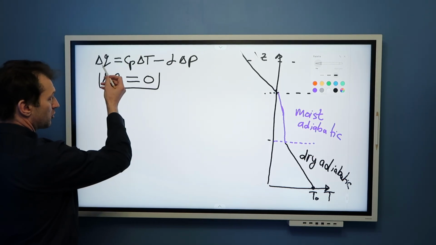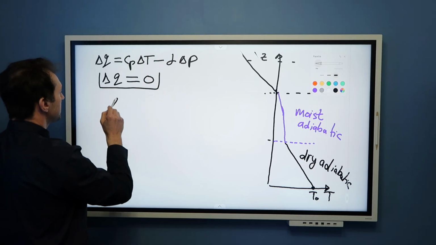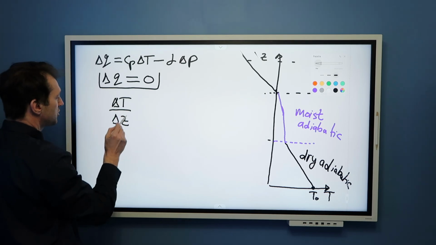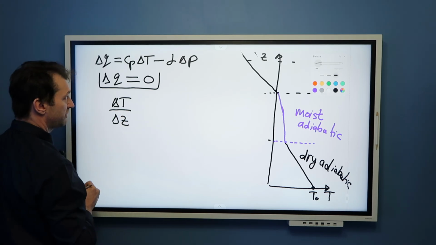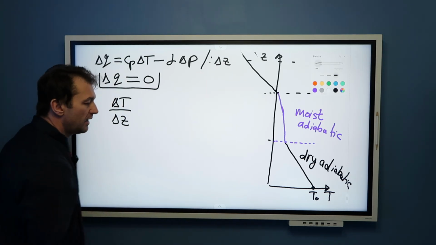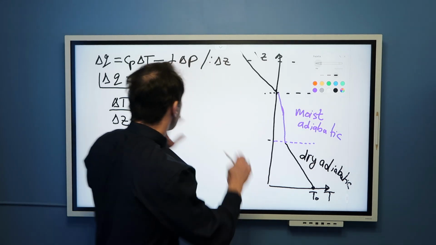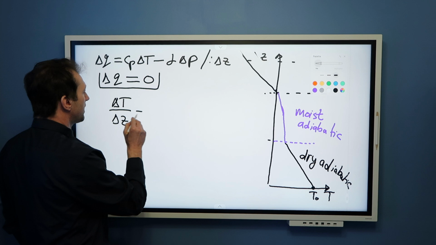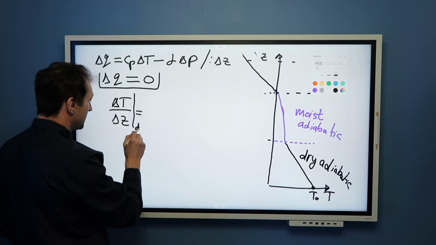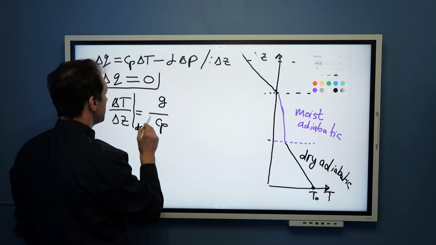If you set it equal to 0 and divide the right-hand side by delta Z, because we are interested in delta T over delta Z, how temperature changes with height, and then use the equation of state, which you remember from my previous videos, you substitute, you mingle around, and you get that during dry adiabatic processes, dT/dz is equal to negative g divided by Cp.